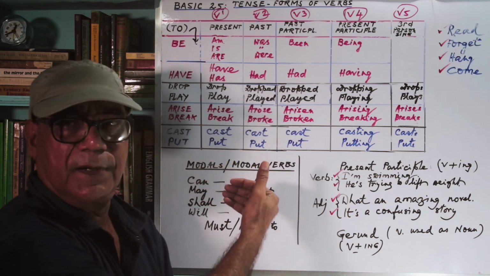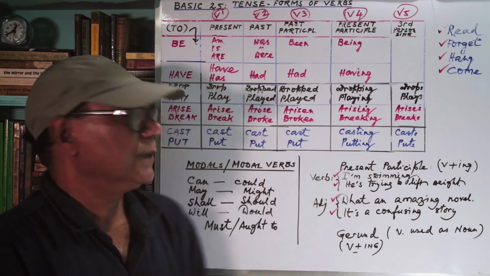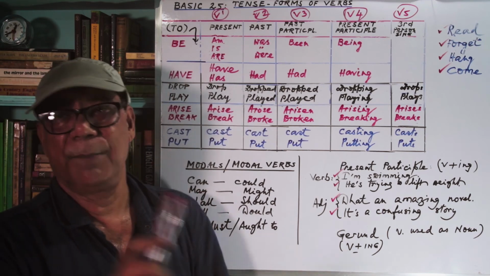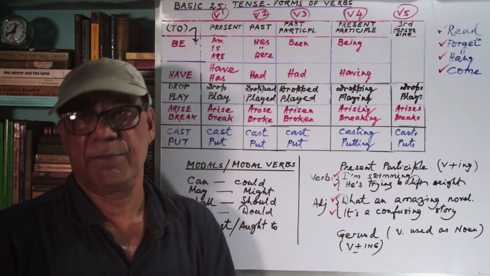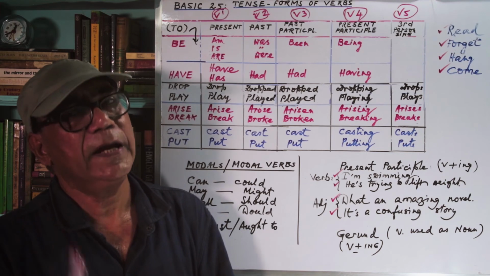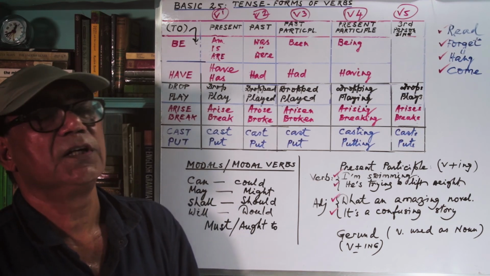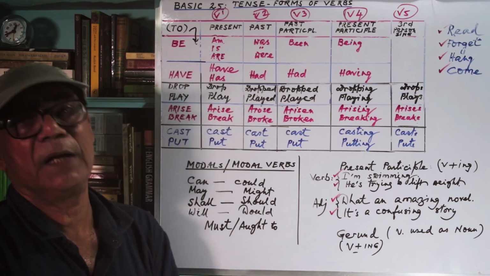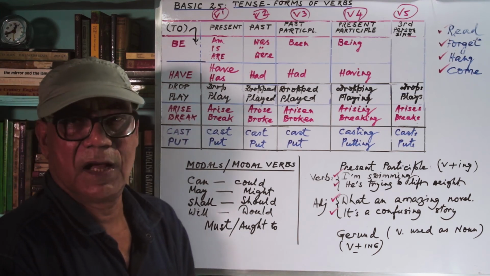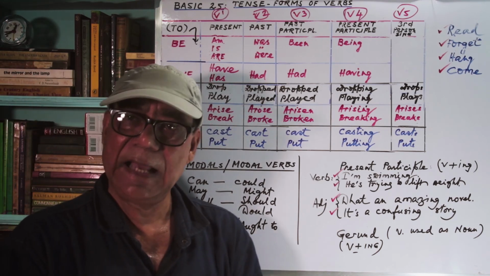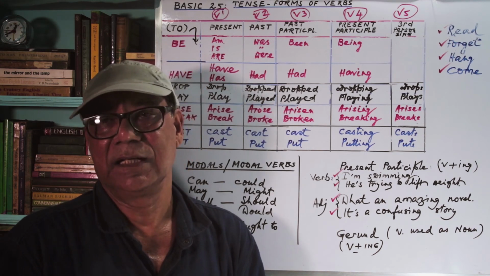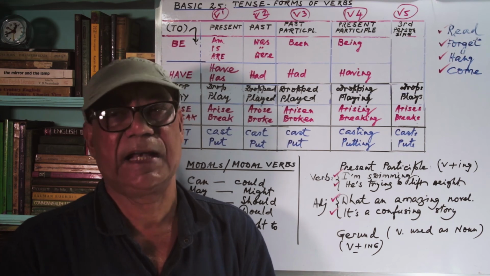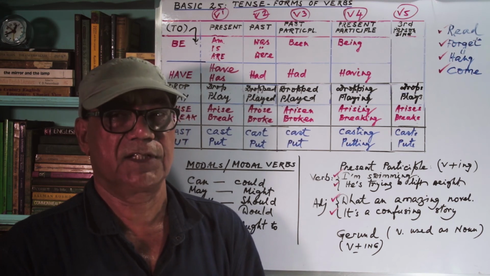We can take up modals later, but for the time being we should know that modals do not have a past participle, do not have a present participle form, or cannot be used in the third person singular number the way normal verbs are used. I can, you can, he can. It is never he cans. You cannot do like that.